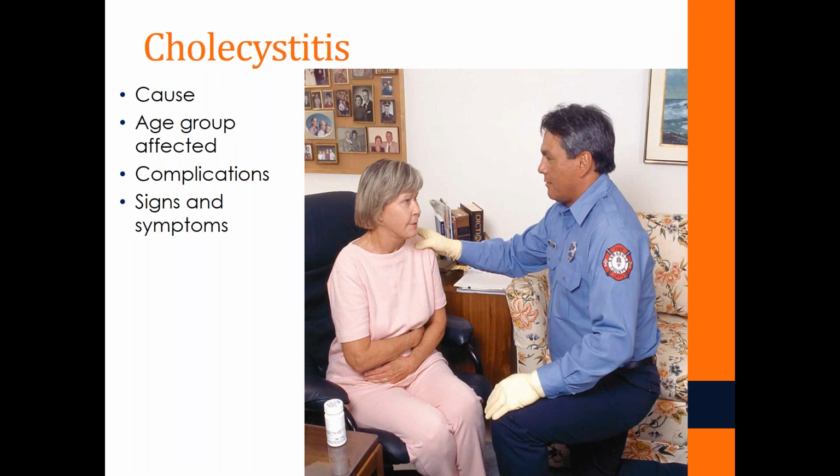Generally, people are, let's just say, at least slightly to significantly overweight. And really, one of the big triggers for inflammation of the gallbladder, because what the gallbladder does is house bile that breaks down fat, is that generally these people have eaten some sort of high-fat meal before this pain started.